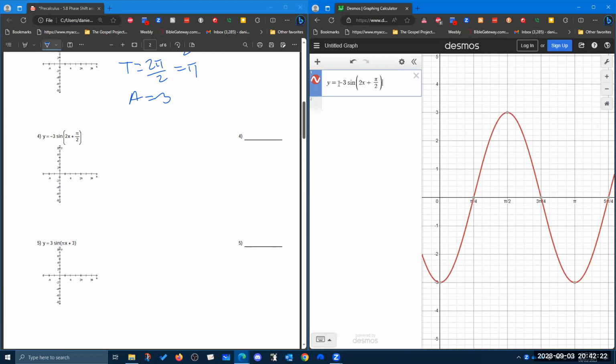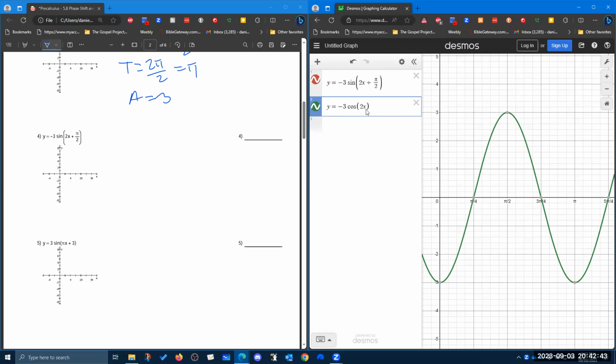And I'm going to graph right on top of that y equals negative 3 cosine of 2x. And you're going to see that it's the same thing because of our co-function identities and our even odd identities, that function and that function are the same thing.